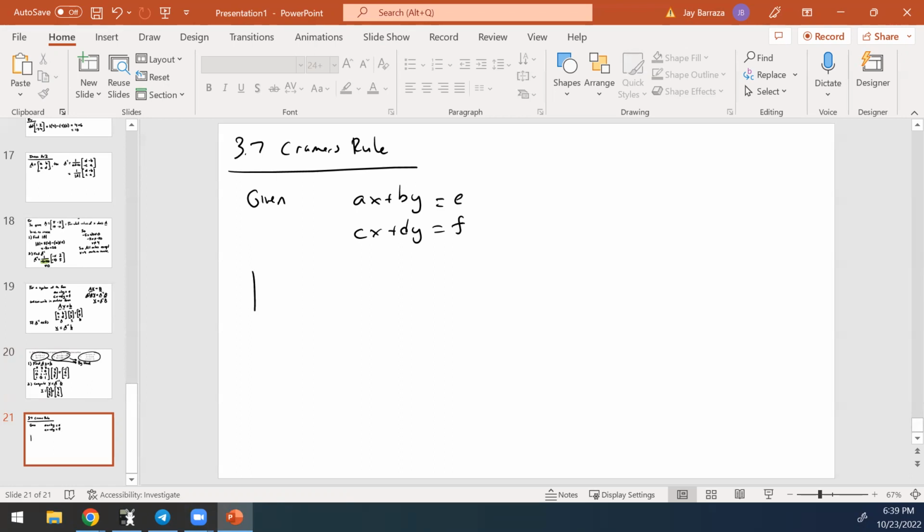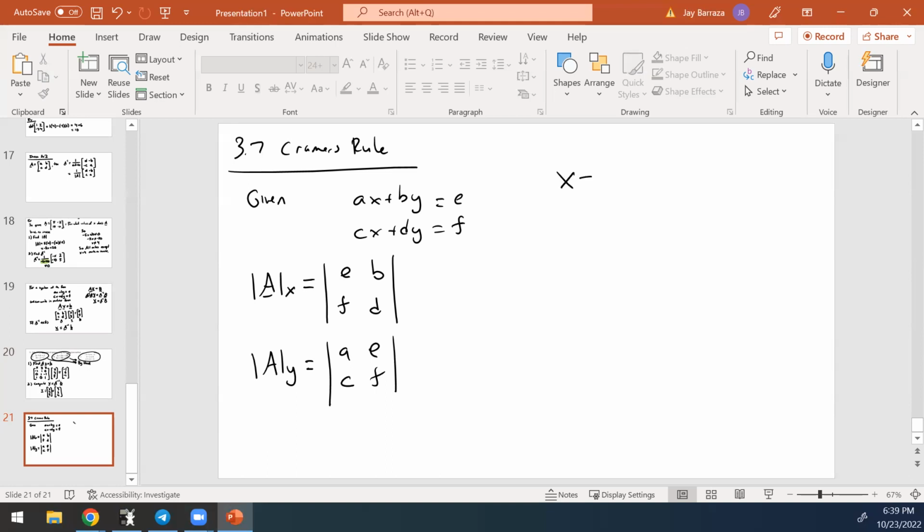The determinant of A with respect to x is equal to, you replace the x column with the solution. So this becomes e, f, b, d. A y is going to be you replace the y column with e, f like that.